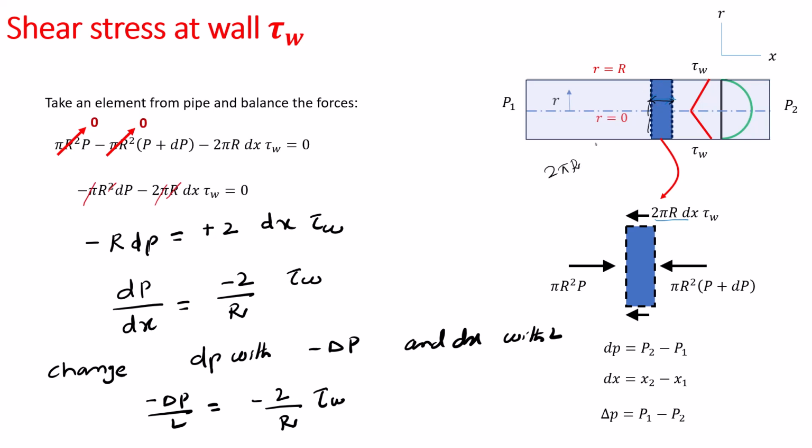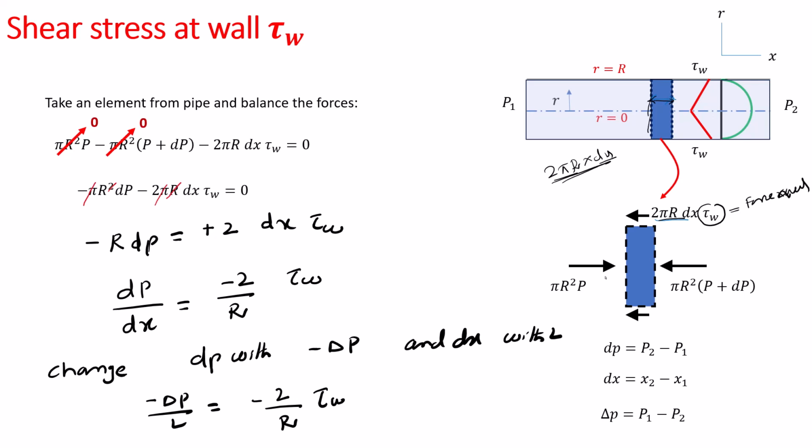If you multiply 2 pi r with the length, which is dx, this will give us the area. So this is the length unit, and this is the area. The area multiplied with the wall shear stress will give us the force at the wall.